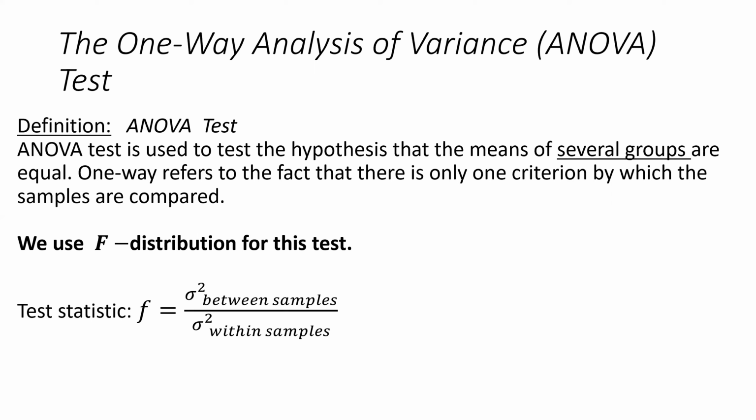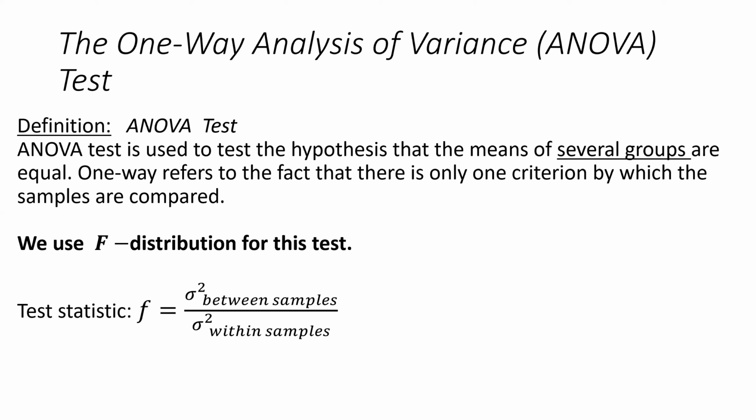Your alternative hypothesis will always be not all means are the same. One way refers to the fact that there is only one criterion by which the samples are compared, and we're going to use F distribution for this test.